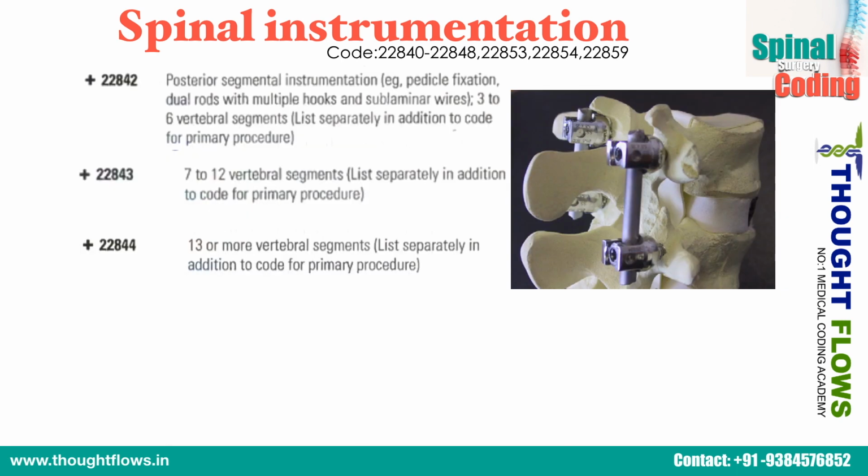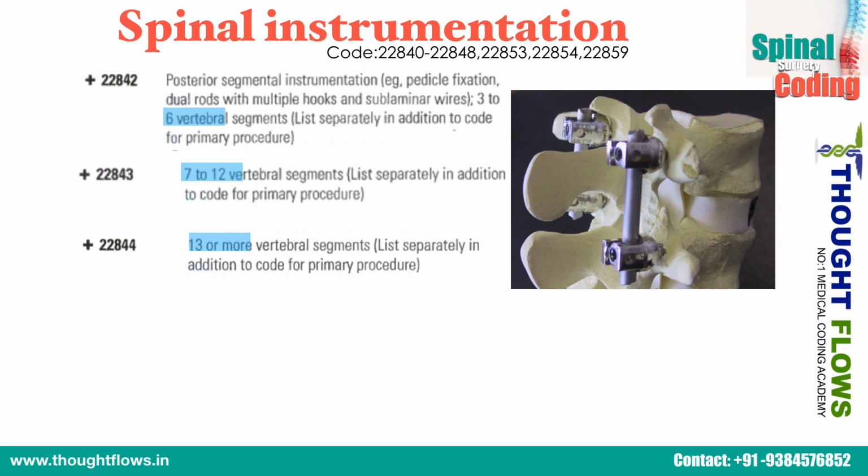Coming to the coding guidelines, the spinal instrumentation codes are all add-on codes, and we need to check how many vertebral segments have been given instrumentation. For example, for a posterior approach, if it is 3 to 6 segments, we have to use the code 22842, and 7 to 12 means 22843, and finally 13 or more vertebral segments means 22844.